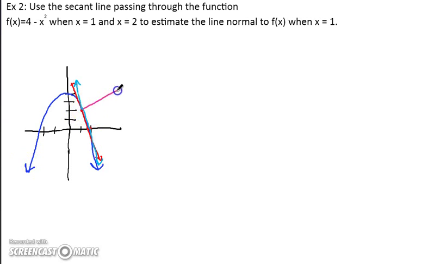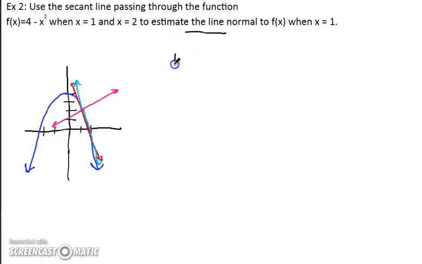So we're going to try to come up with that line there. So what we're going to need, if we're trying to come up with the equation of a line, actually I'm not asked to do that. We're just trying to find the slope, estimate the line normal. Line, sorry. This wants the equation of a line. If we're going to try to find the equation of a line, we need a point and we need a slope.